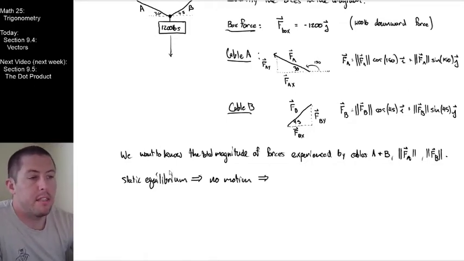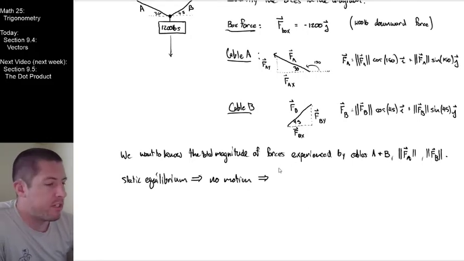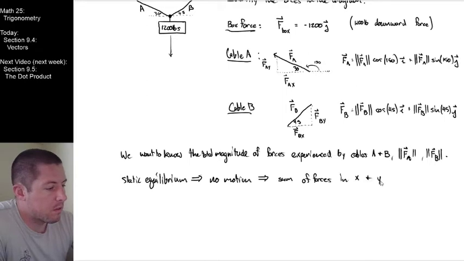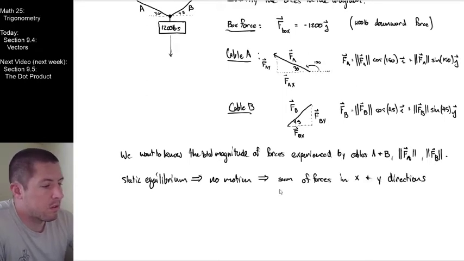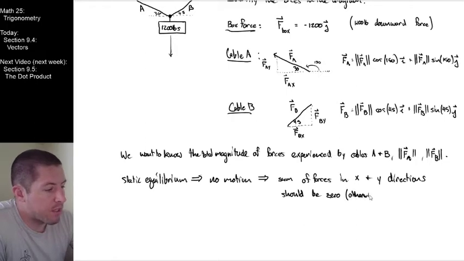So the fact that we're in static equilibrium here, the fact that we're just trying to dangle a box with clearly no motion, says that the sum of the forces in the x and y direction should be 0. Otherwise, we'd get motion.